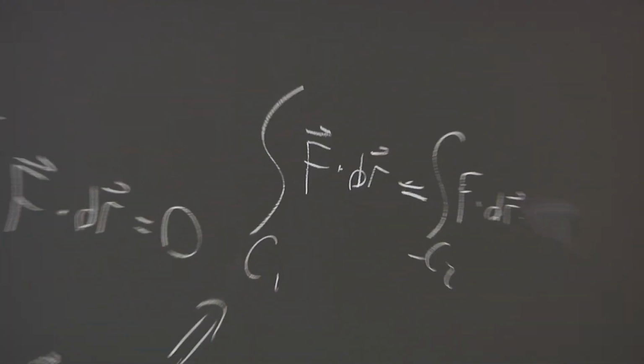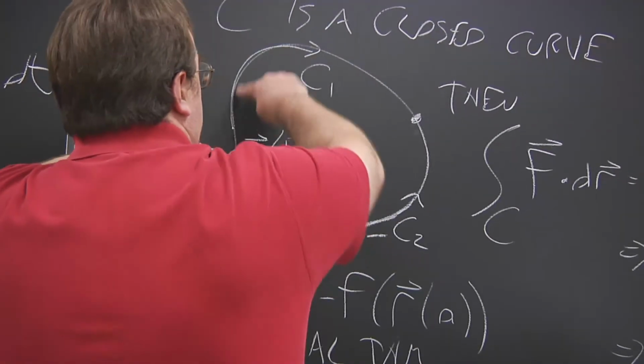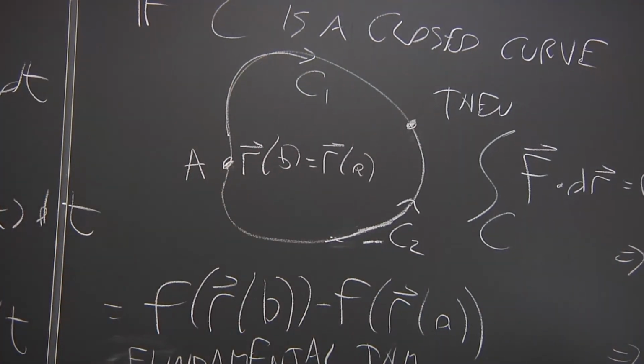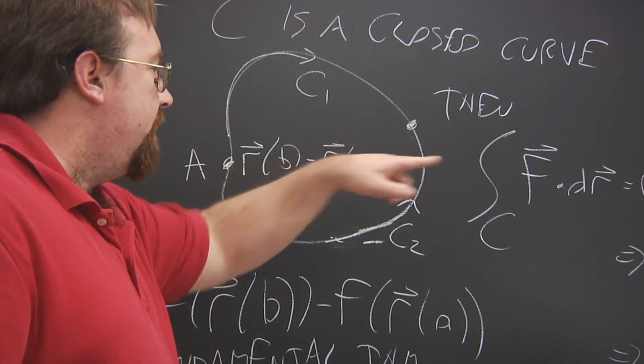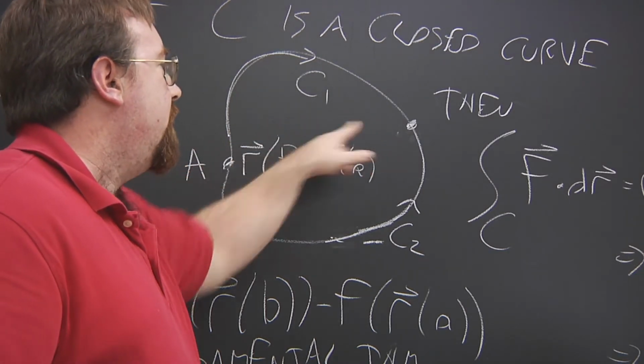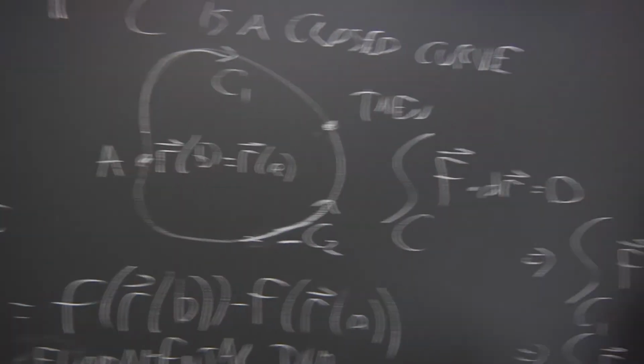So starting from this point, it doesn't matter whether we took this path or this path, we get the same result. In fact, you can show that it doesn't matter what path you take. The value of the integral of your vector field F from this starting point to this ending point, no matter what path you take in between, is going to be the same.